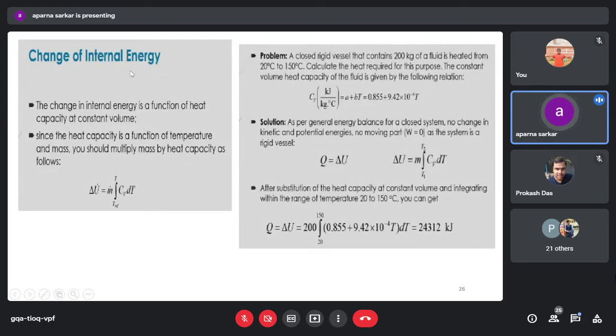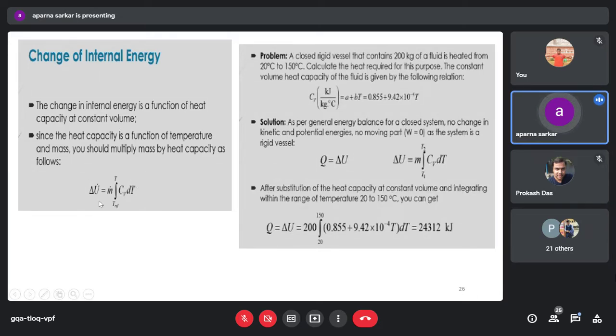Now enthalpy change is done, coming to the internal energy, that is del U. What is the change of internal energy? The change in internal energy is a function of heat capacity at constant volume. Since the heat capacity is a function of temperature and the mass, you should multiply mass by heat capacity as follows.